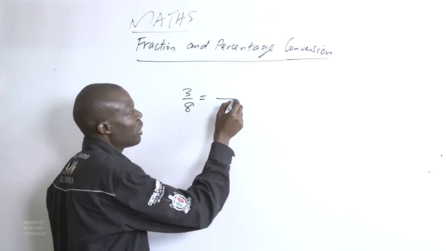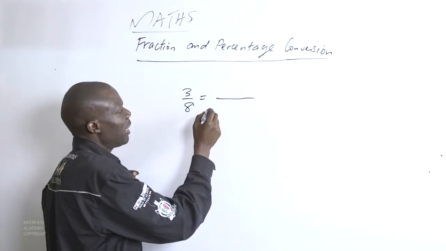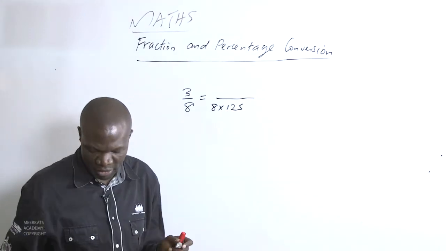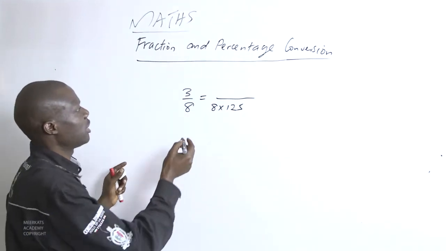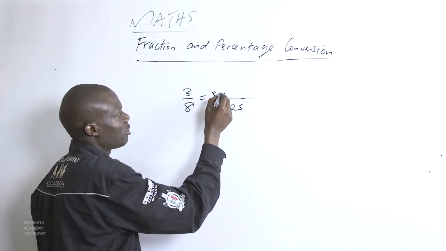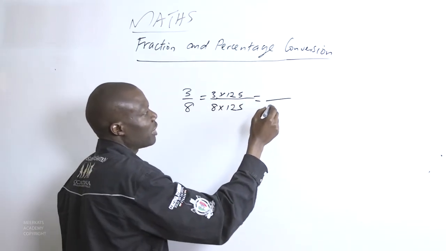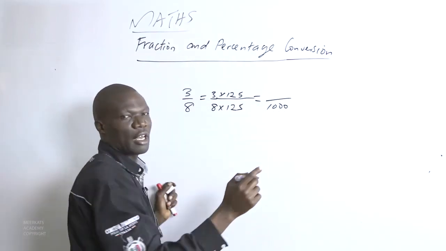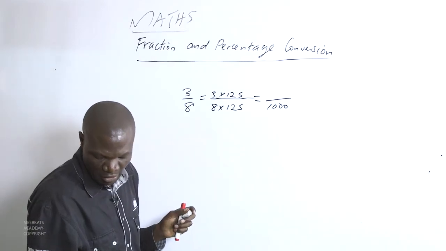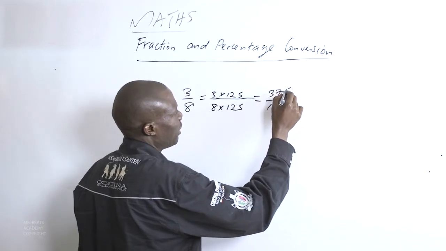You realize that 1000 is a multiple of 8, which means 8 multiplied by 125 will give us 1000. So we shall take 125 and multiply the numerator also by 125. So what you get here is 1000 and not 100. At the numerator there, what we get there is 375.